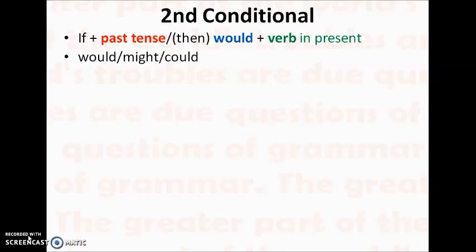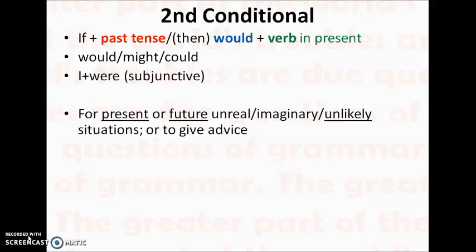Also, in the if part, we use the subjunctive form of the verb, which is most obvious in first and third person singular of verb to be. We say if I were, or if he, she, it were. The second conditional is used for talking about present or future, unreal, imaginary, unlikely situations, or to give advice.